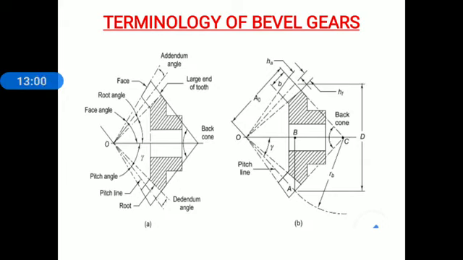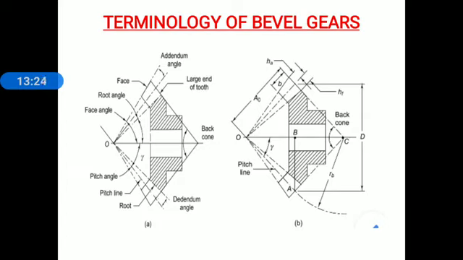Now first sketch A. In sketch A, there is a pitch cone that is shown by the dotted line. That cone, left side cone, that is shown by the dotted line, is the pitch cone. And at right angle to the pitch cone, there is a back cone to the right side.